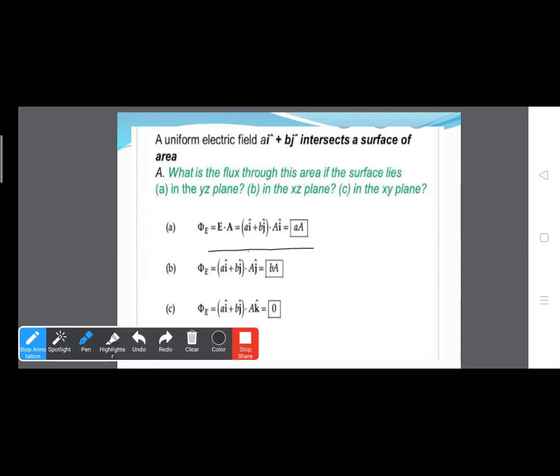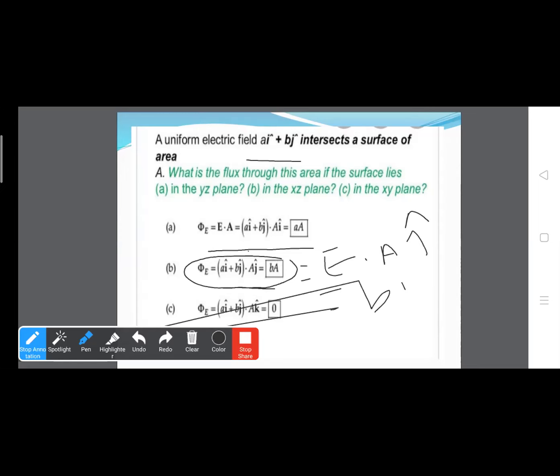The second point is the XZ plane. In the XZ plane, the area vector will be in the J direction. So the dot product of the electric field and the area vector will be given by electric field E dot area vector A J, where a I plus b J is the electric field. On solving this equation, it will be bA.